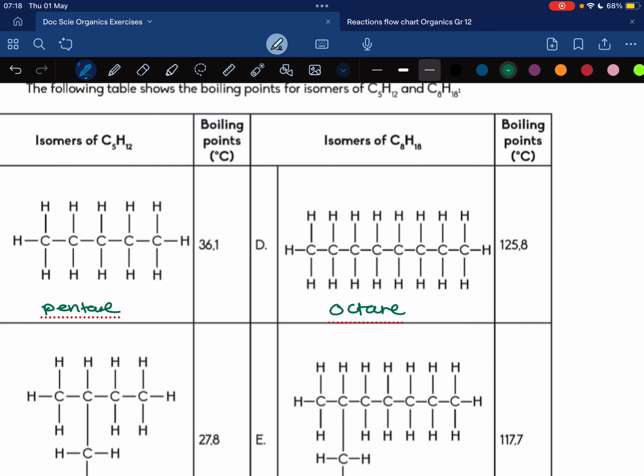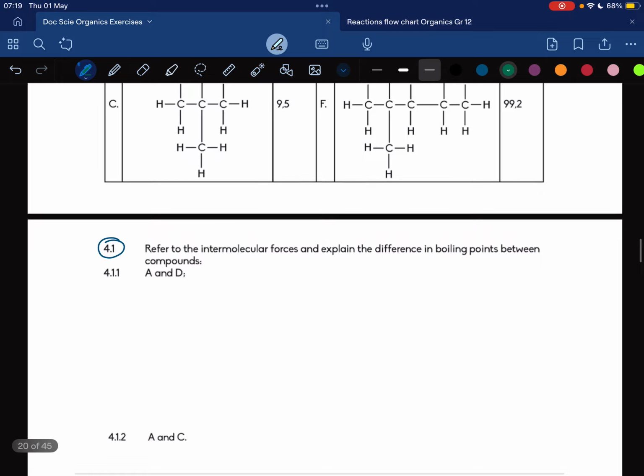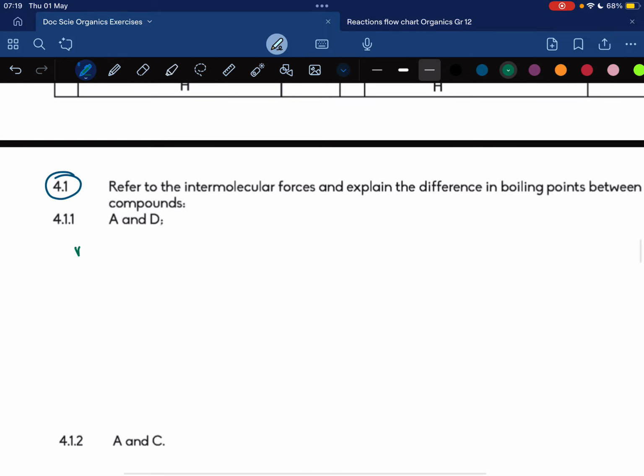Okay, so I can see that there's definitely a difference in the longest carbon chain between A and D. So we'll say D has the higher boiling point as it has the greater surface area.